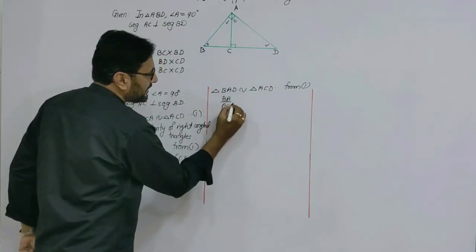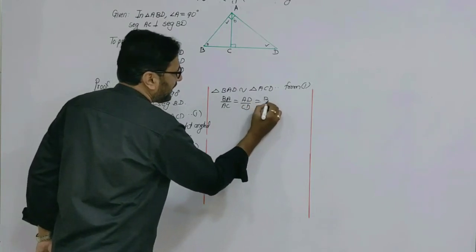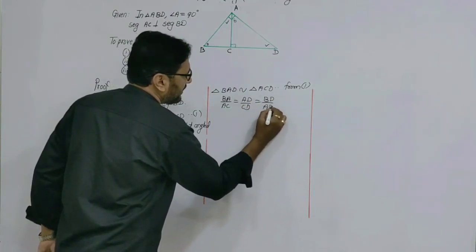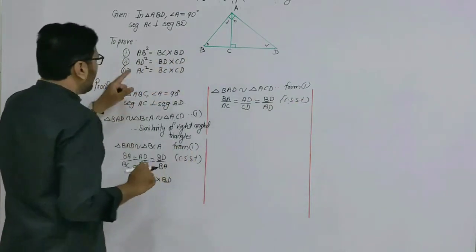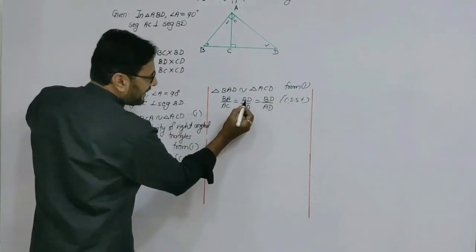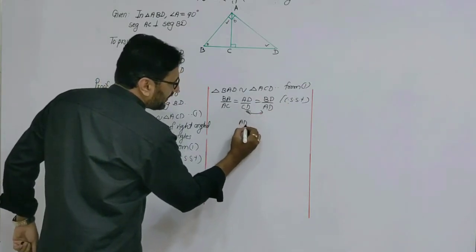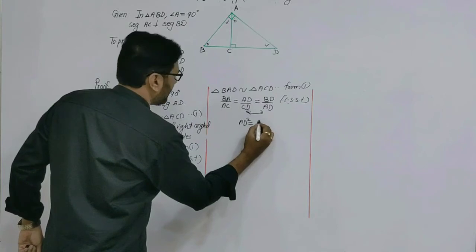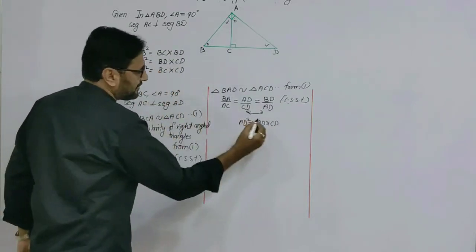BA upon AC is equal to AD upon CD is equal to BD upon AD, corresponding sides of similar triangles. We have to prove AD square. Where is AD? So you will take these two ratios. AD square is equal to BD into CD. You will get the required answer.